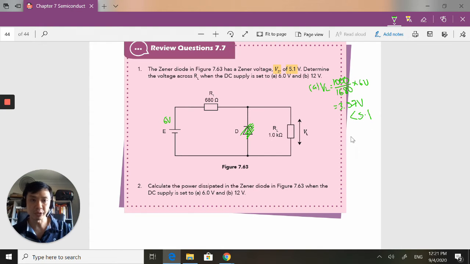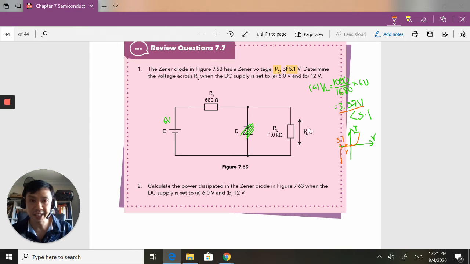If I were to draw the IV characteristic one more time, I'm not concerned about when it's forward biased because we are looking at it from reverse bias. This is my 5.1 zener voltage. We are operating at 3.57, which is somewhere here, and this is a no-go zone. We don't want anything below the zener voltage.